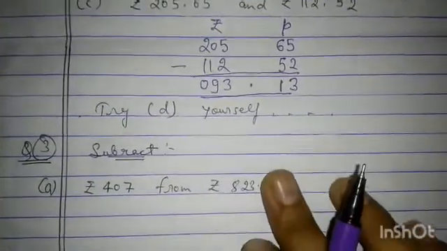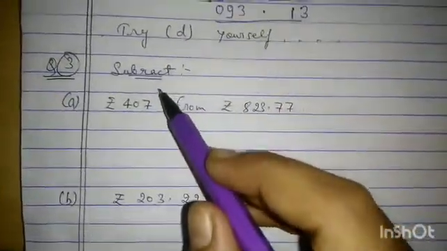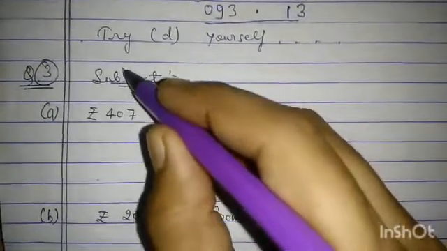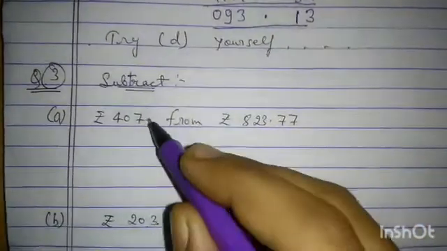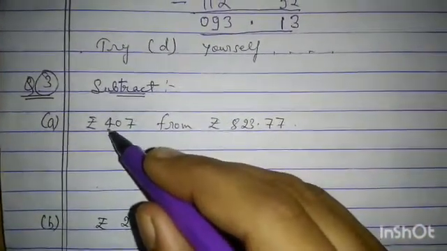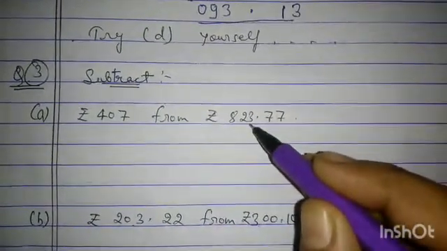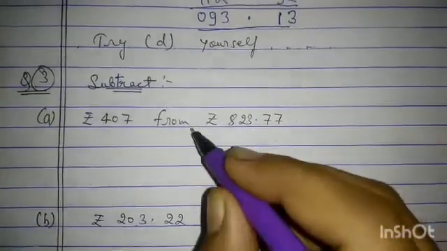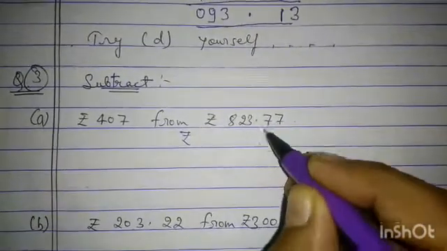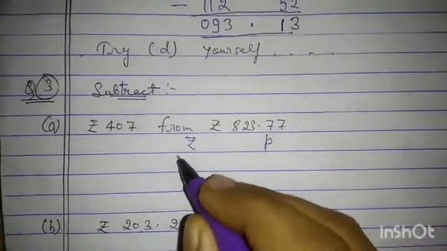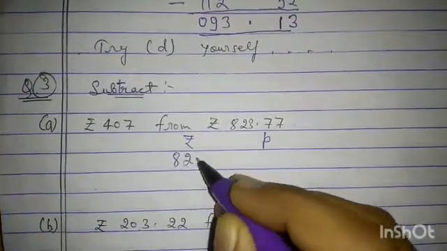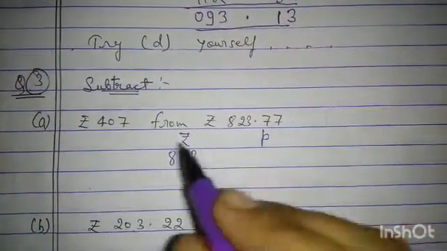Try D yourself. Subtract it here: 407 rupees from rupees 823 and 77 paise. Again make two columns, and see which is greater. Here 823 rupees is greater than 407.